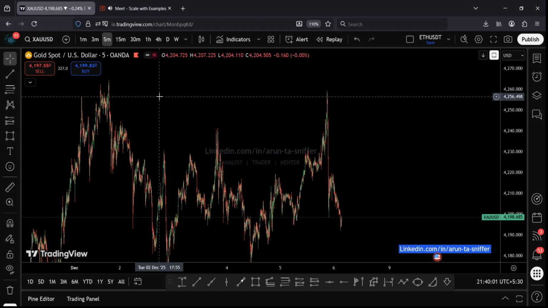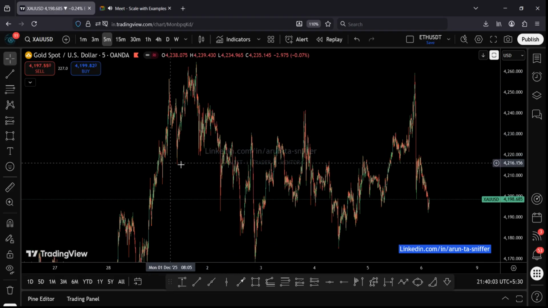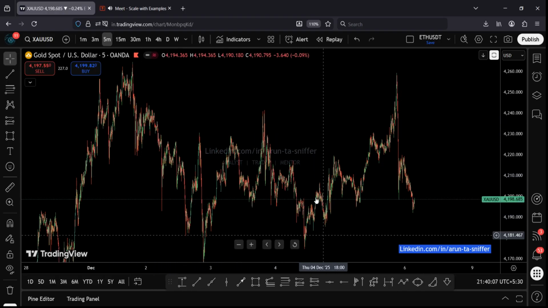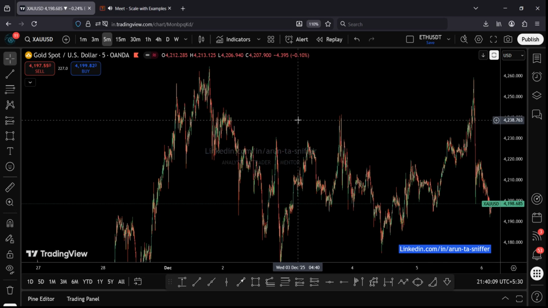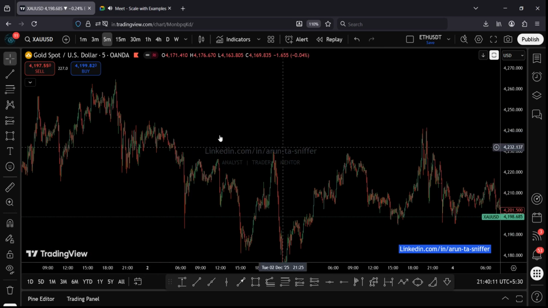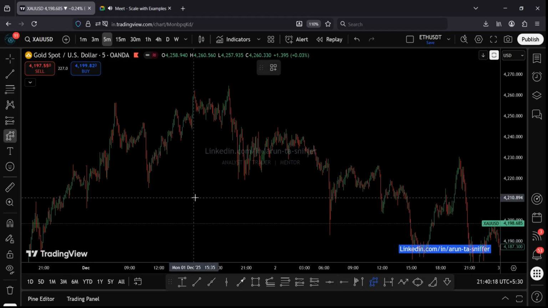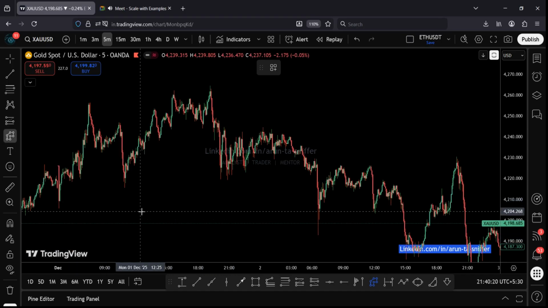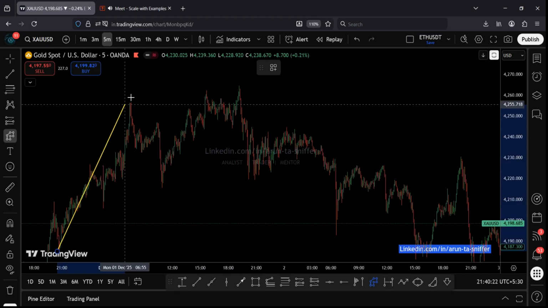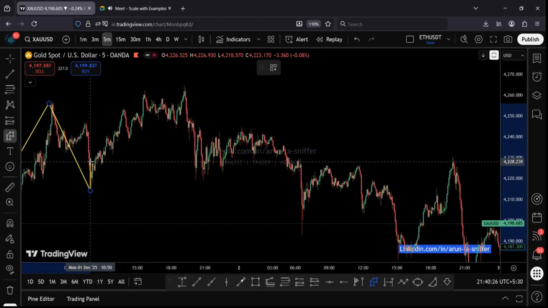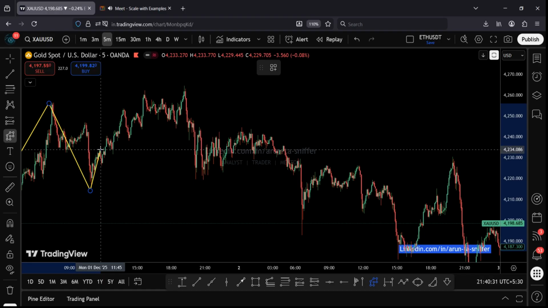Okay, so here you see one is working again here, like this. If you remember our structure, it is like this. This one was our structure.